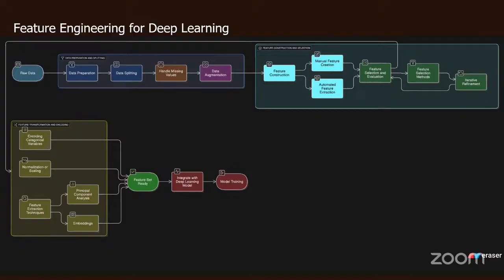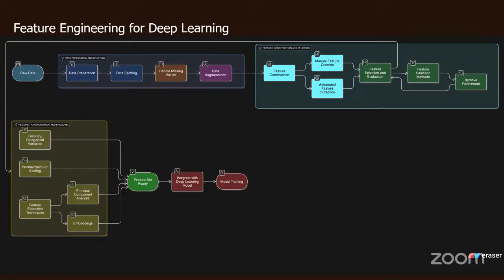So here we will choose feature selection methods. What are the different feature selection methods? They include filter methods like correlation and chi-square, wrapper methods like recursive feature elimination, and embedded methods like lasso regularization and tree-based feature importance.